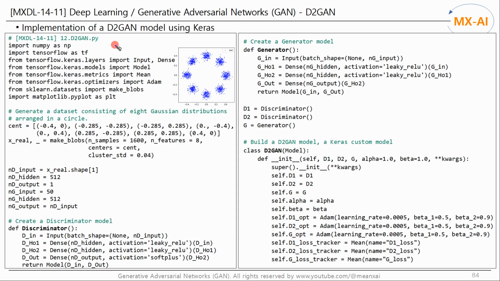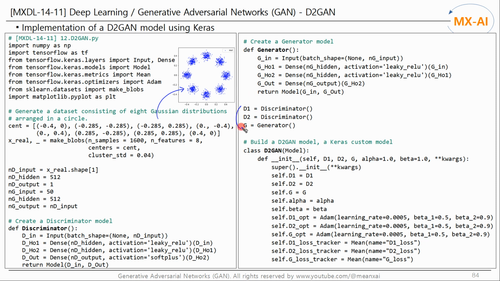Now let's implement a D2GAN model in code. Generate a dataset consisting of 8 Gaussian distributions arranged in a circle like this. This code is very similar to the code we used before. Let's just look at the parts that have changed from before.